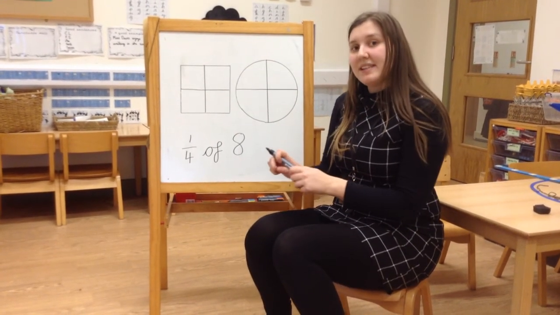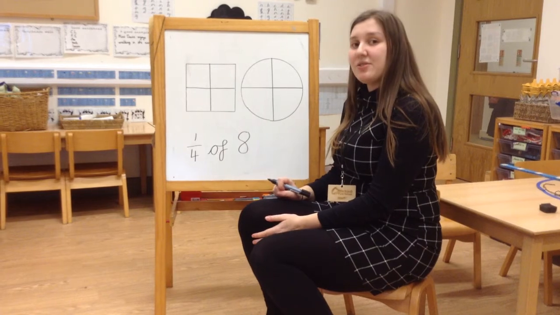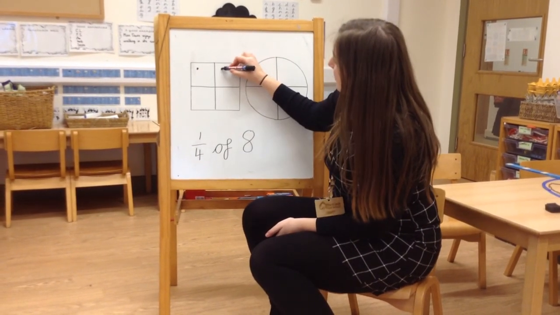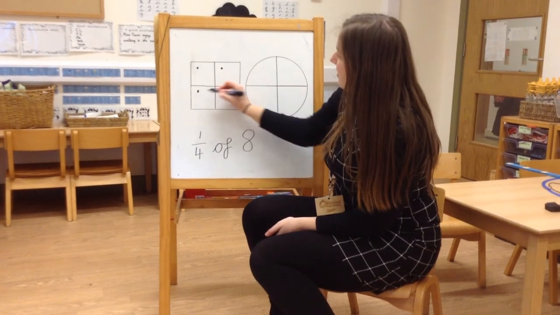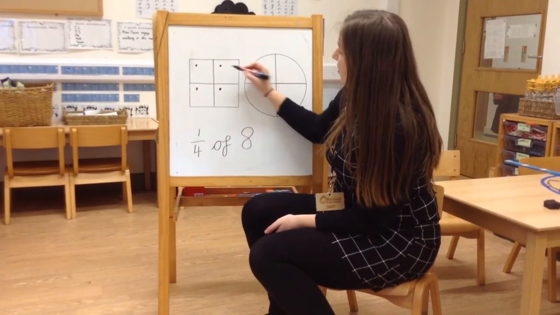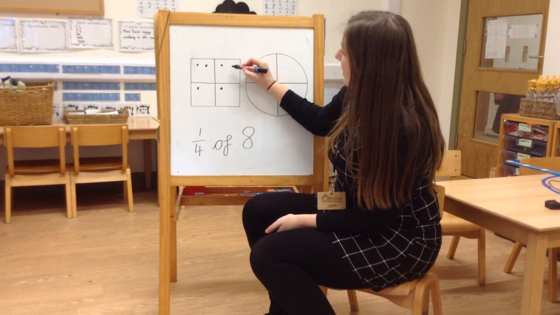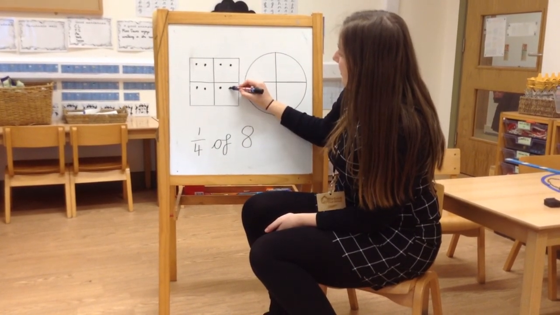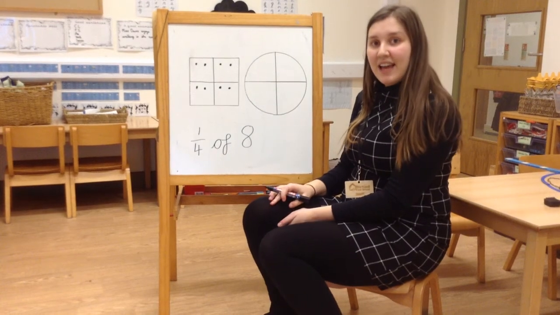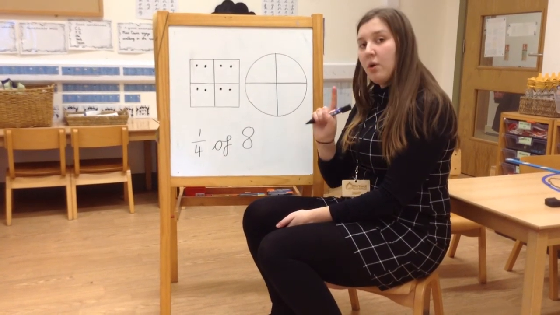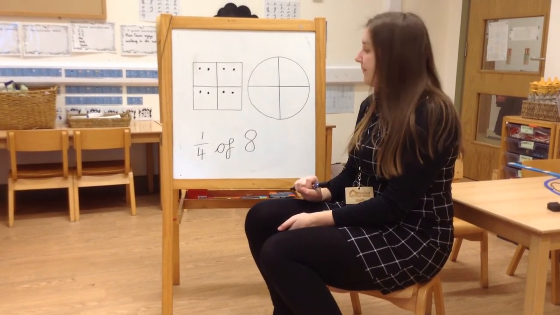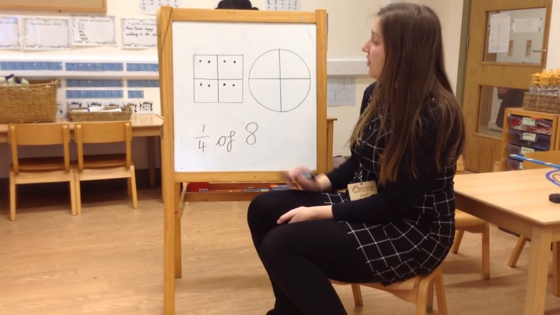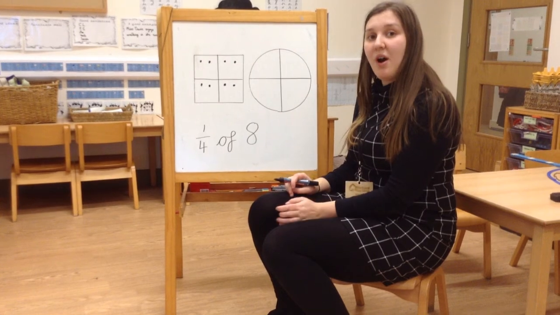Count with me as I split my 8 into the quarters. 1, 2, 3, 4, 5, 6, 7, 8. How many are in 1 quarter? You are right, there are 2 in 1 quarter of 8.